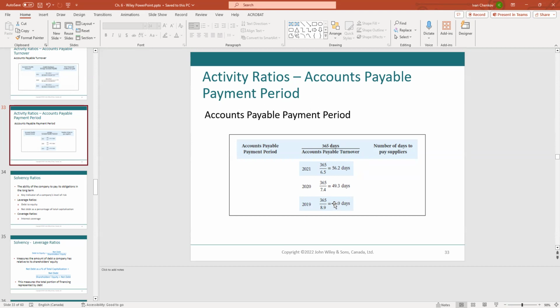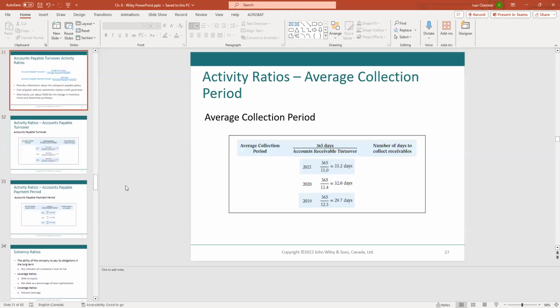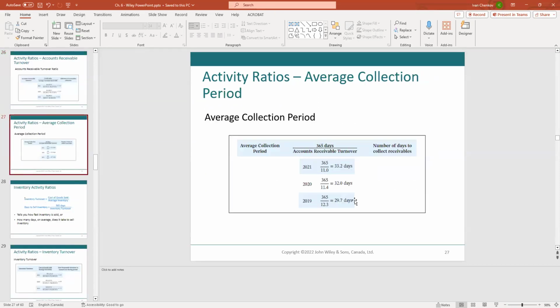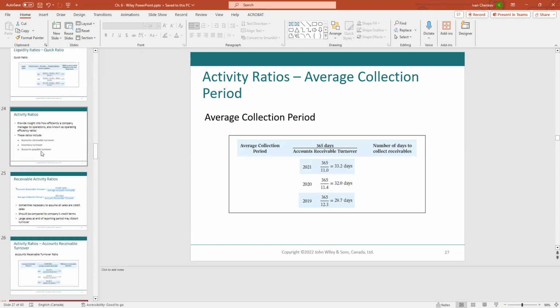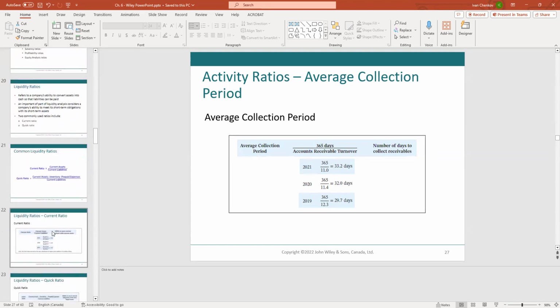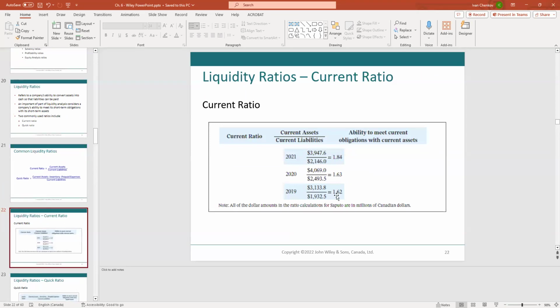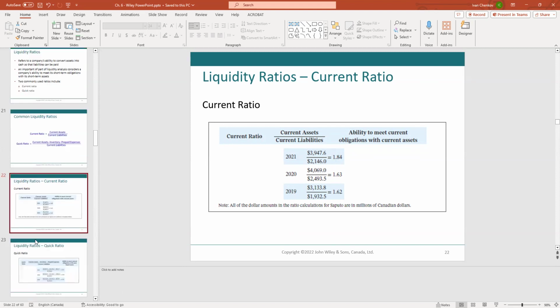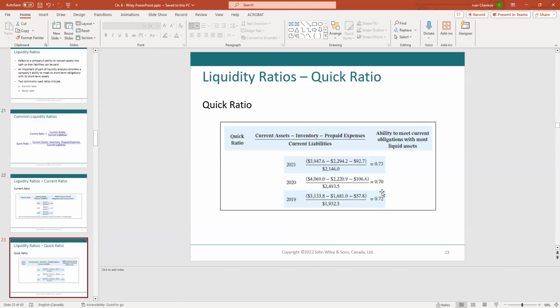Yeah. So the other thing that I want you to see is, look at this. Accounts payable period starts going up. Accounts receivable collection starts going up. We're slowing down our collection. What is the current ratio? Actually, the current ratio is improving. But look at the quick ratio.